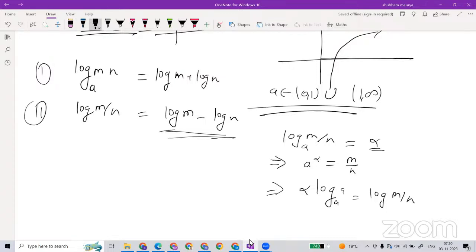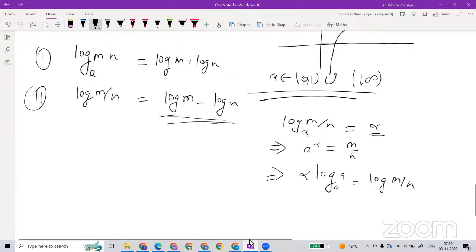How can we prove this? The log a is 1 now. So we can first multiply on that side, and a to the power n by... Oh, so by this way we can do also. I think that's correct.